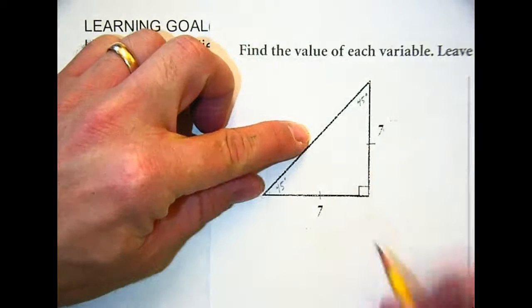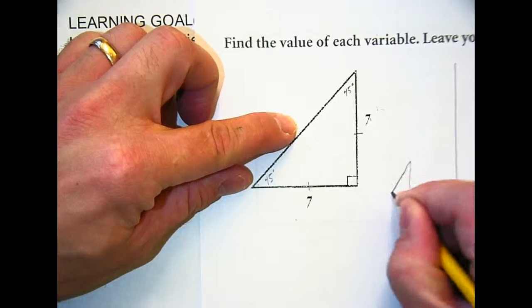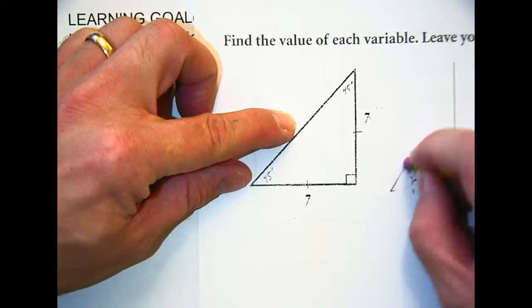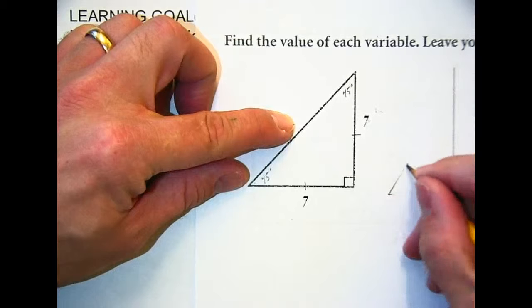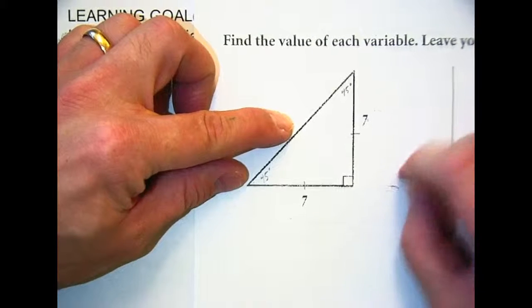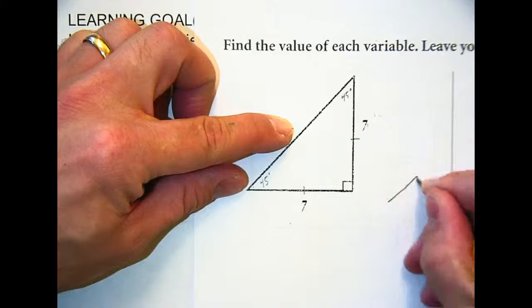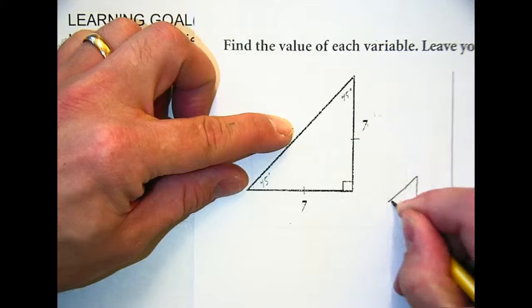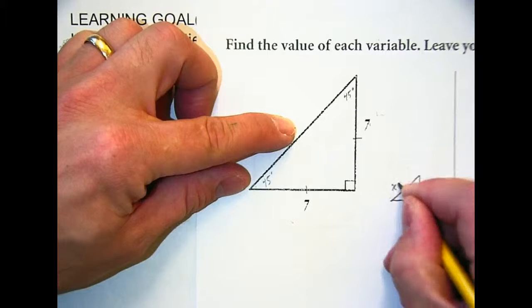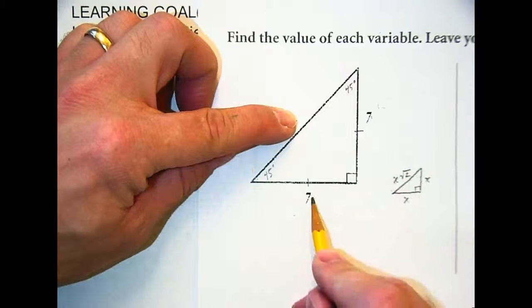If you think of our special right triangle, our 45, 45, 90, where I have x, x, and x root 2, in this picture, this length is our x, right?